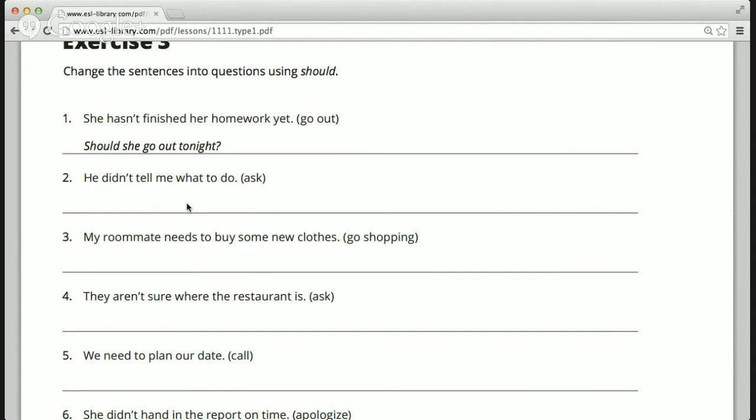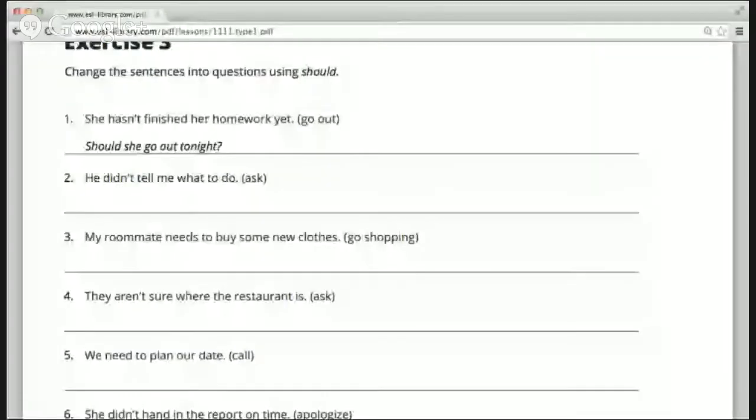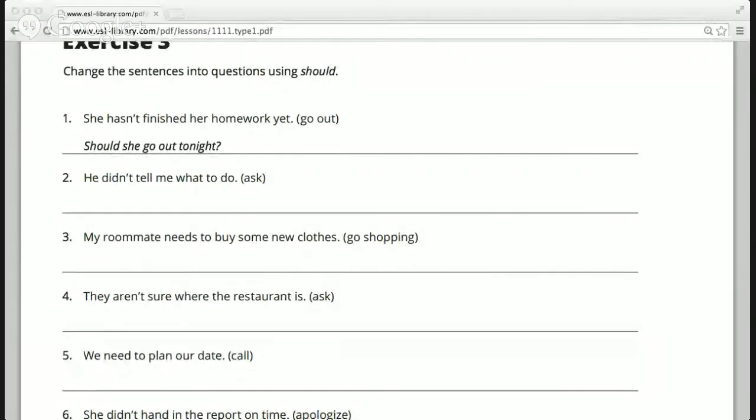Number 2, go ahead. He didn't tell me what to do. Should he ask me what to do? Okay, he didn't tell me what to do, so you're going to be asking for advice.